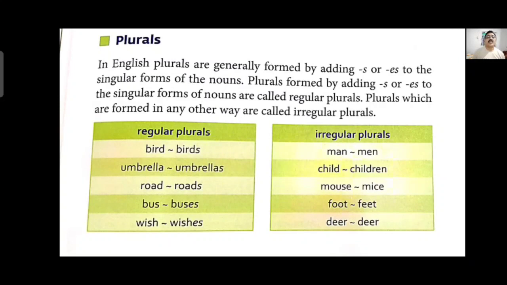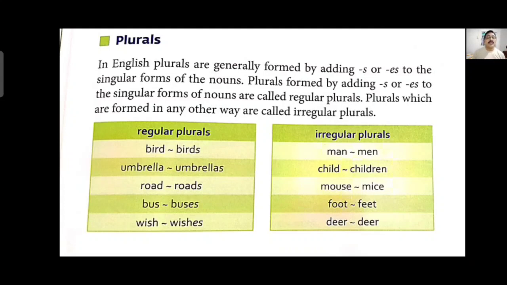Now plural. In English, plurals are generally formed by adding S or ES to the singular form of the noun. Plurals formed by adding S or ES to the singular form of a noun are called regular plurals. Plurals which are formed in any other way are called irregular plurals.